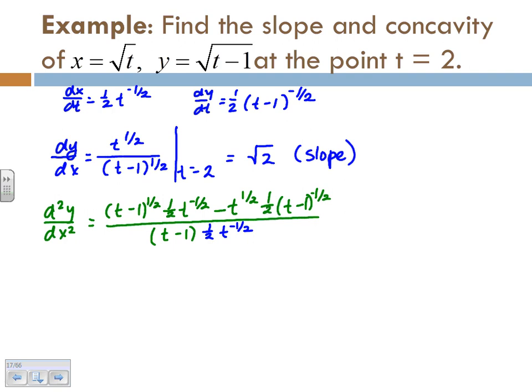In this case, I could pull out a 1/2 from both terms, a t to the negative 1/2, and a t minus 1 to the negative 1/2. So I've gotten rid of this, and that becomes a 1.